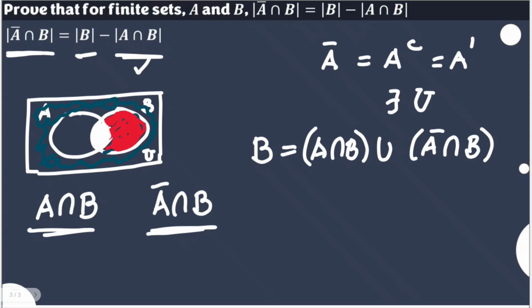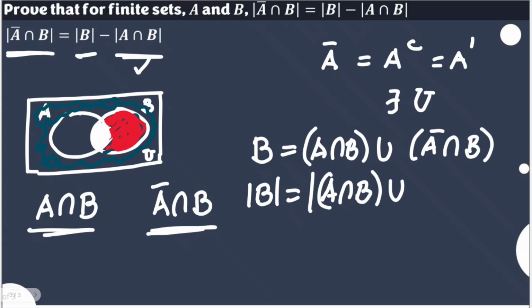Now, the cardinality of B would mean the cardinality of the intersection of A and B union with the intersection of A complement and B.